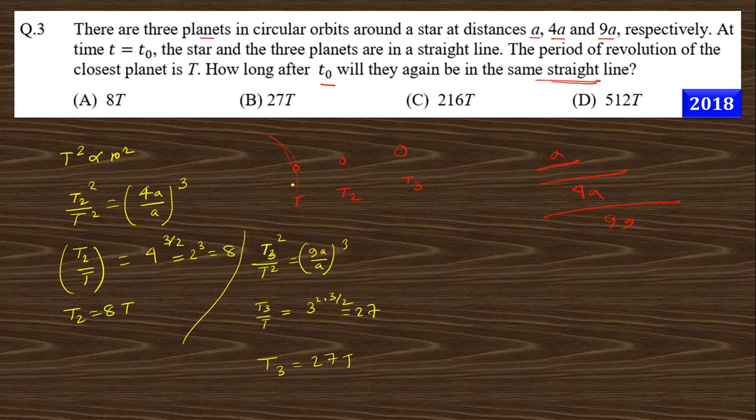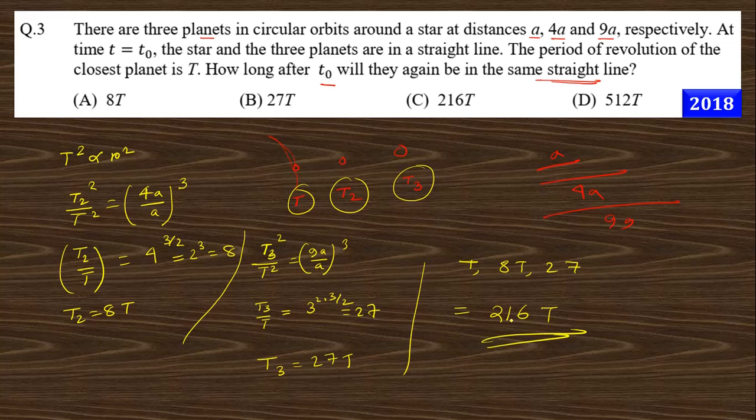So you got the time periods T, T2 and T3. Now they will be in the same line when their LCM is the same. So you must take the LCM of T, 8T and 27T. If you take the LCM of these three, you will get 216T. So the answer of this question is option number 3.